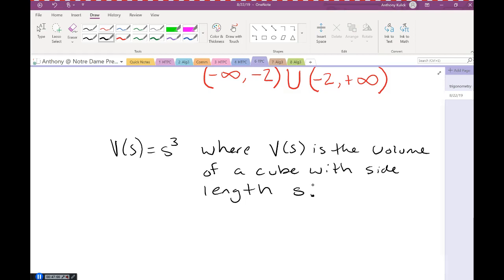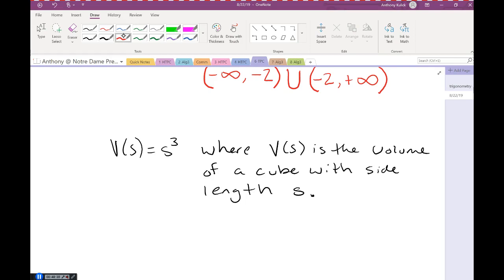And our last example is V of S equals S cubed, where V of S is the volume of a cube with side length S. So when I talk about my domain, which variable am I talking about, S or V of S?